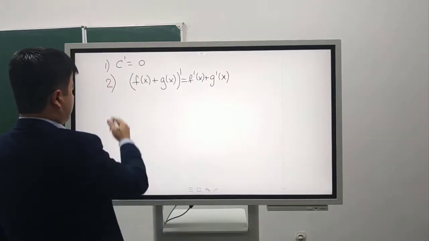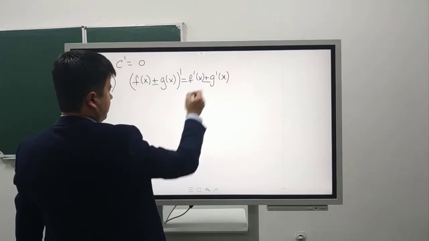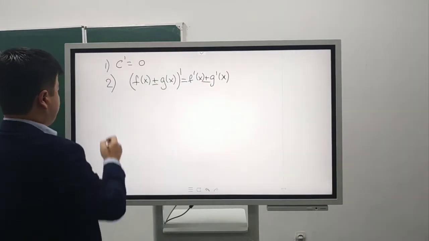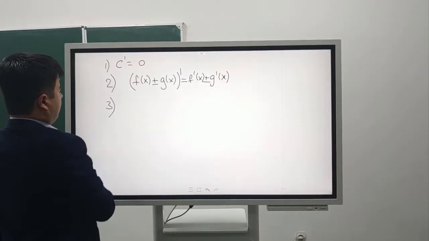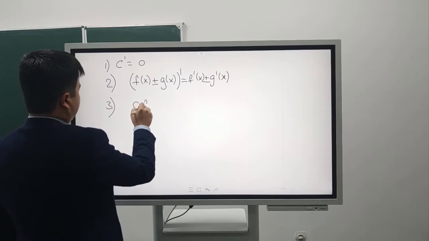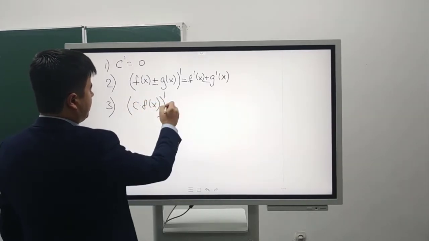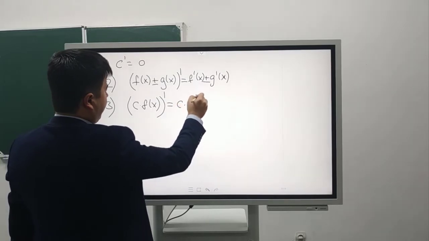Or we can write with difference also here. Number 3. Here we will write the constant, for example, c times f of x, and derivative of this one is c times f prime.